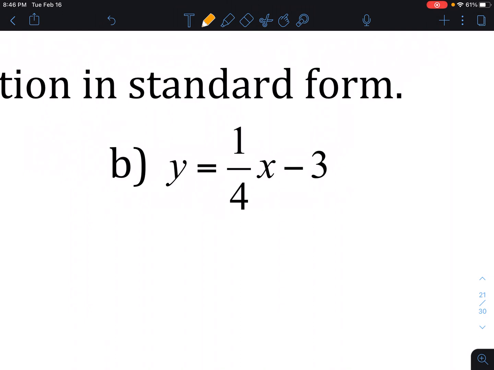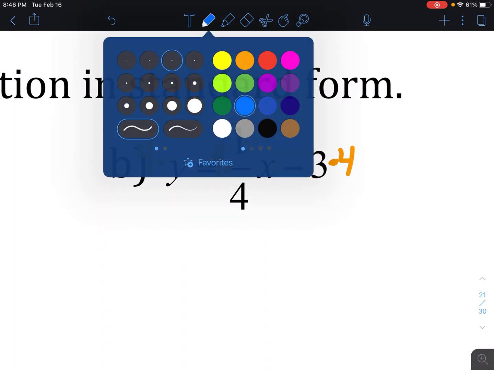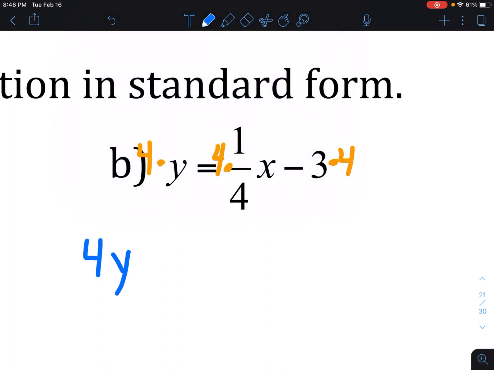Well, the denominator showing is 4, so multiply everything by 4. So that'll be 4y equals, what's 4 times 1/4? That would be 4 divided by 4 is 1x. And then minus 3 times 4 is 12.